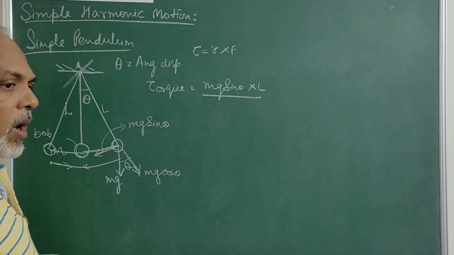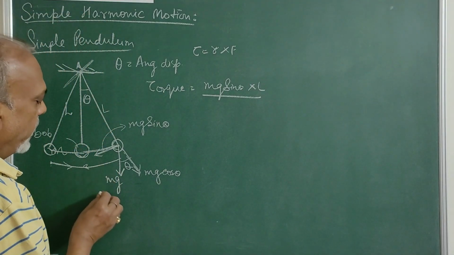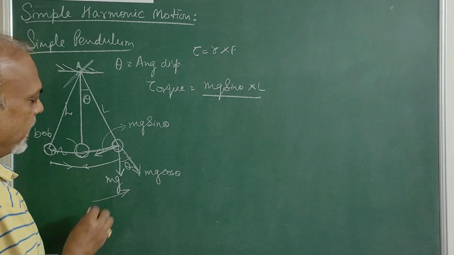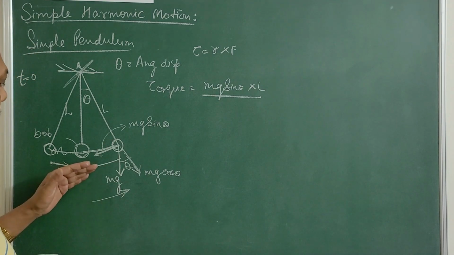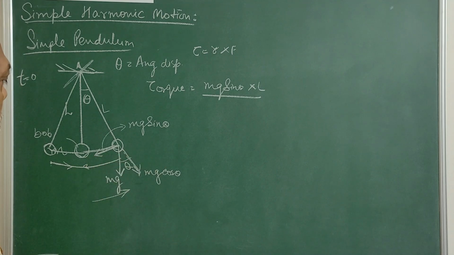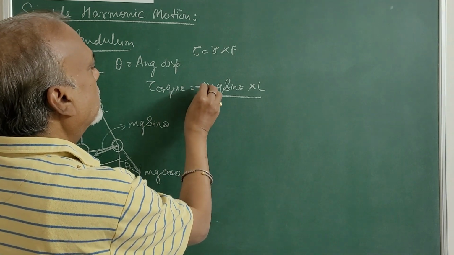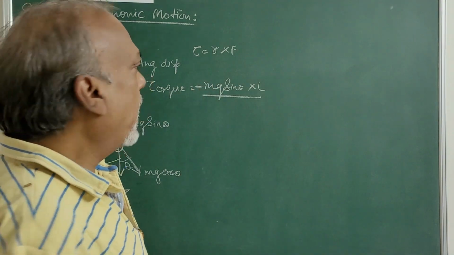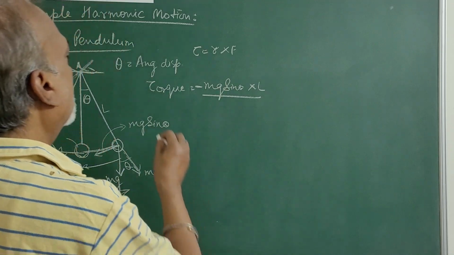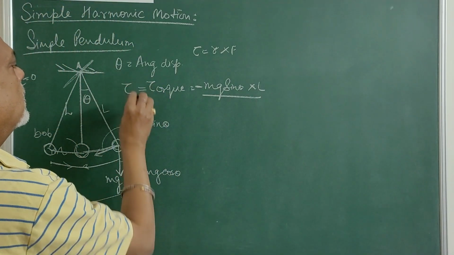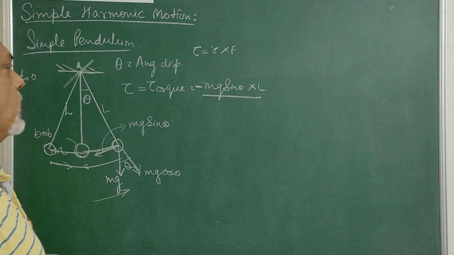For specifying the direction, you see the bob is moving in this direction, but your torque is in this direction, meaning it is towards the middle position. So basically this is minus mg sin theta into L. This is the correct expression of the torque acting on this, with the direction.